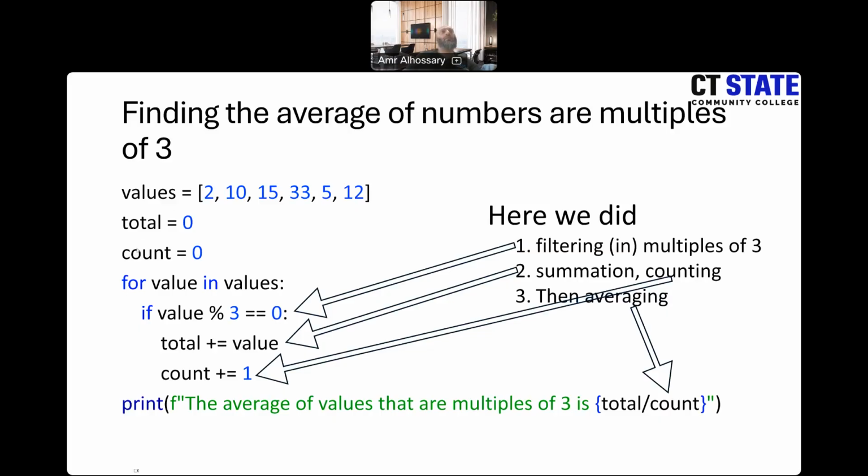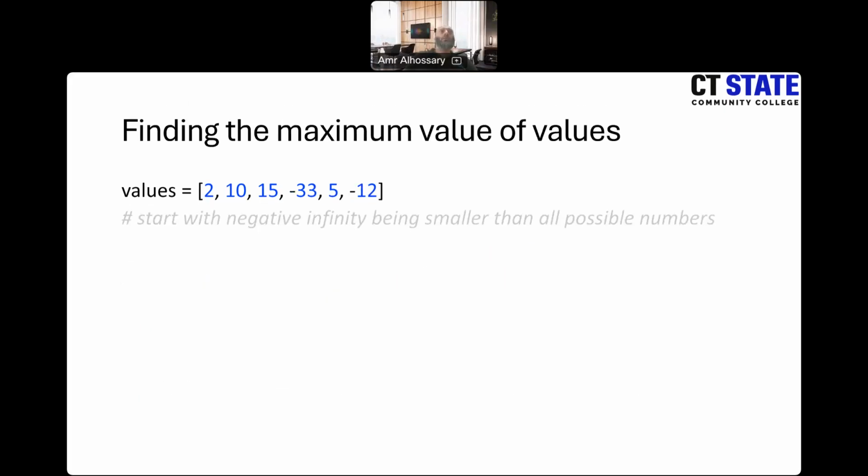we started with a variable that is the total, another variable also for the count. Here was the total. The total was 0, so that when we start, it gets added to something that is not there. We also need here to start with something that cannot be a maximum.